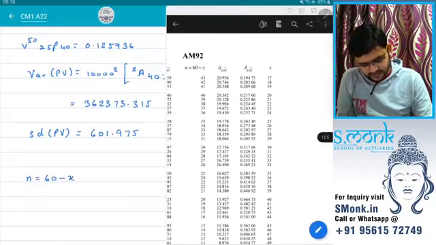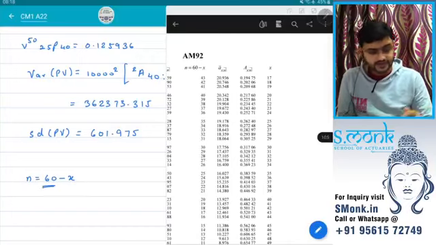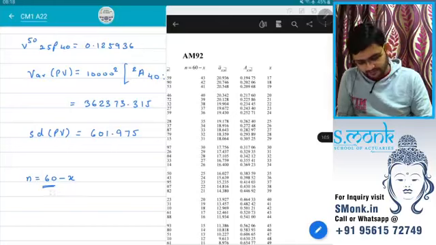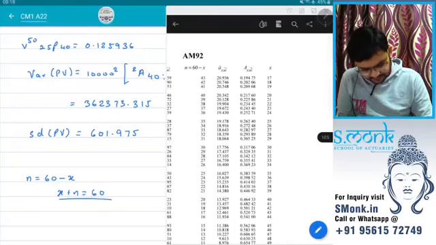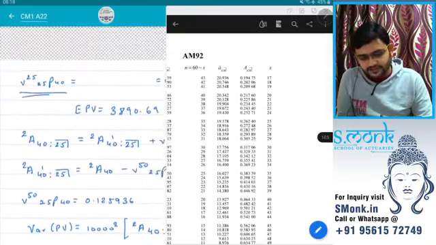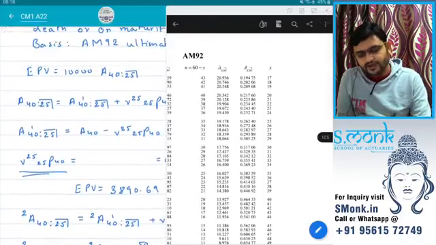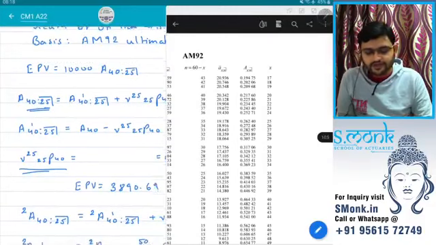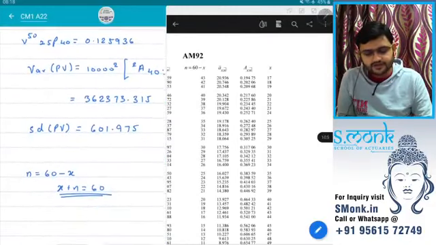Rather than giving all possible values, they have given the most common values. n equals 60 minus x just means that the age and the term of the policy should add up to 60. So basically x plus n equals 60. In our case, 40 plus 25 gives us 65.